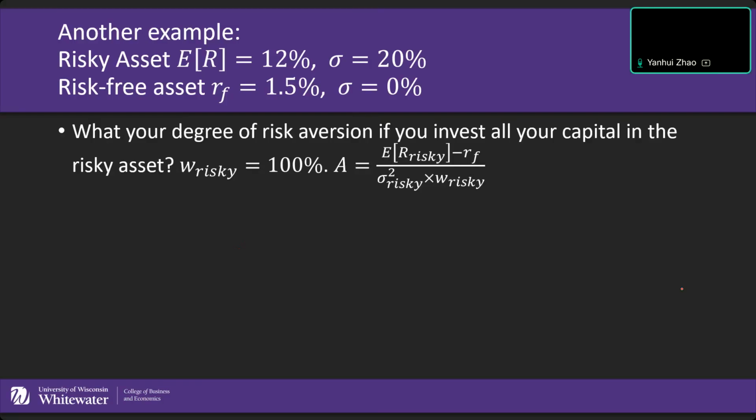What's your degree of risk aversion if you invest all your capital in a risky asset? It means that the weight on risky assets is 100%. Can you do a quick calculation?